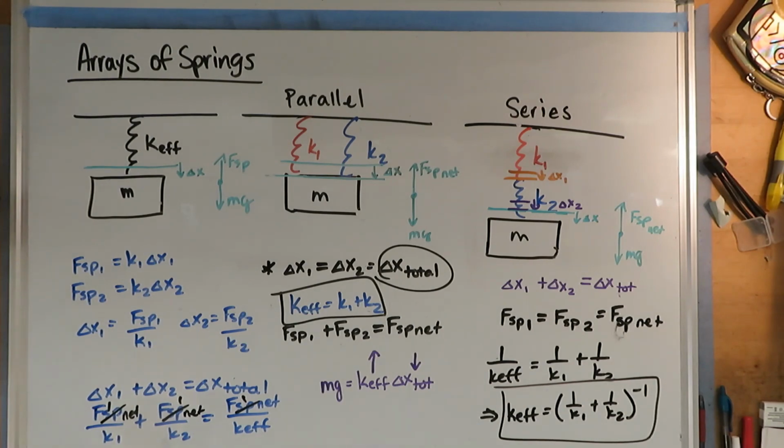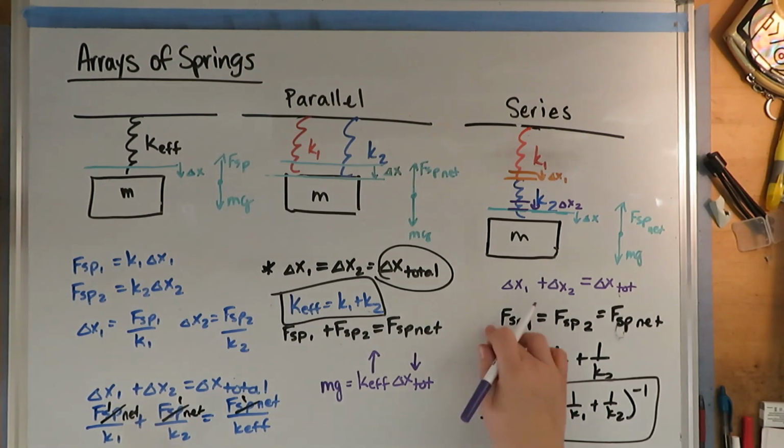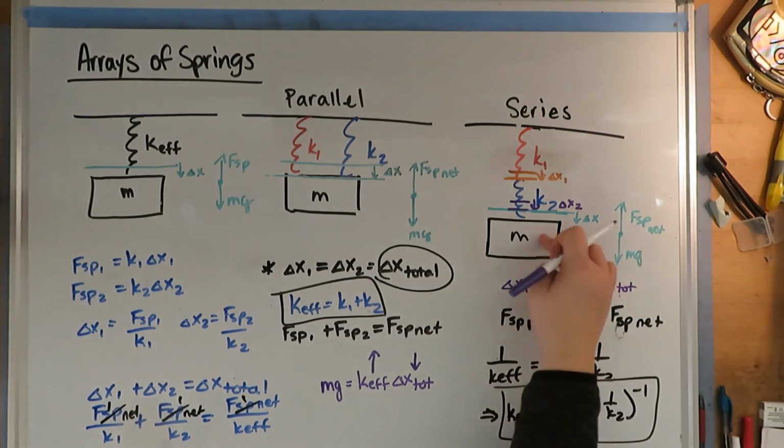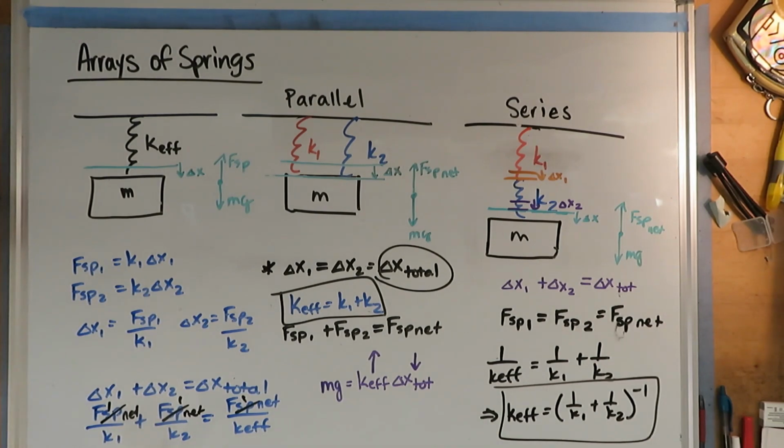So they're each going to experience essentially mg's worth of force. So this one can be kind of funkier for each of the springs. And basically you could get more displacement overall because the displacements are going to add up to be whatever the total displacement is, because each spring is going to experience mg's worth of spring force.